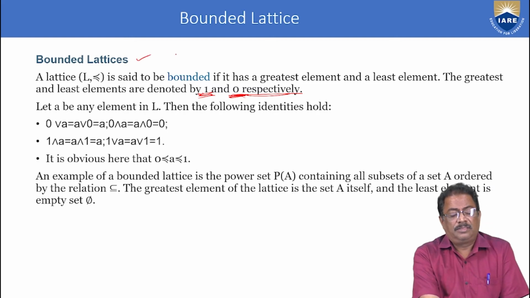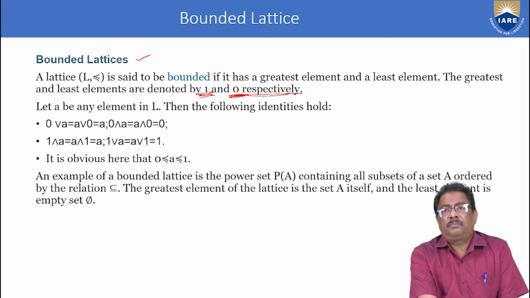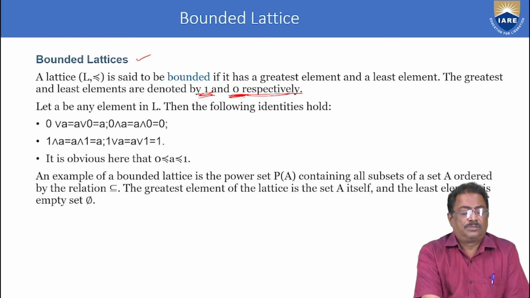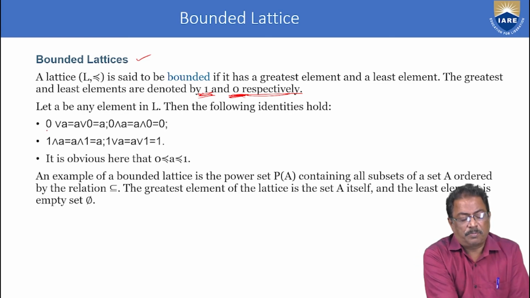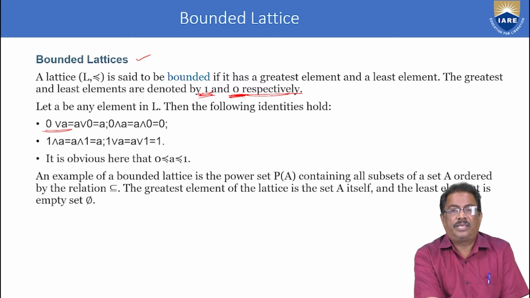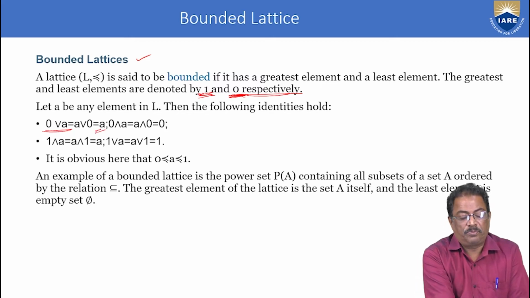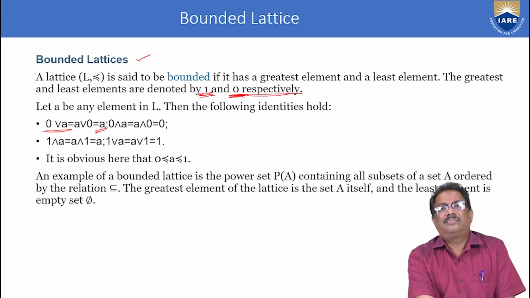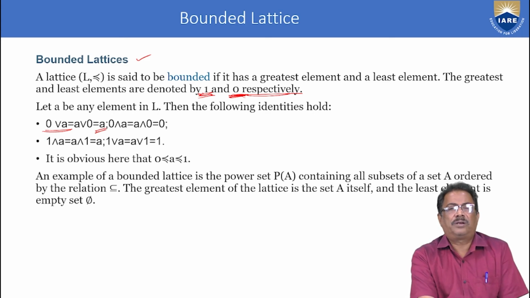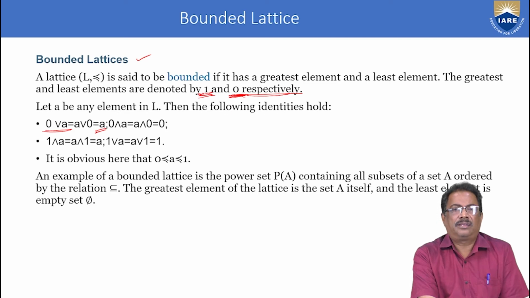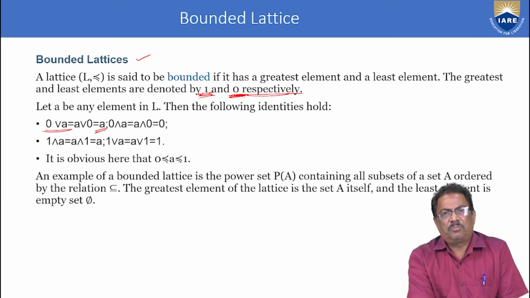Okay. Then some identities will be there. If I am taking the least upper bound of A and 0, it will be the same. That is nothing but, in any set, it satisfies the commutative law.